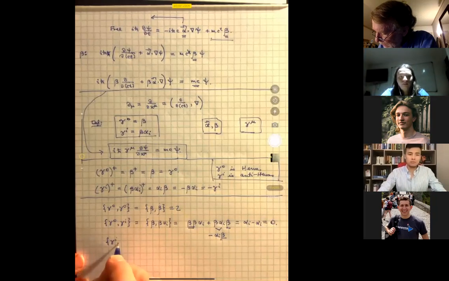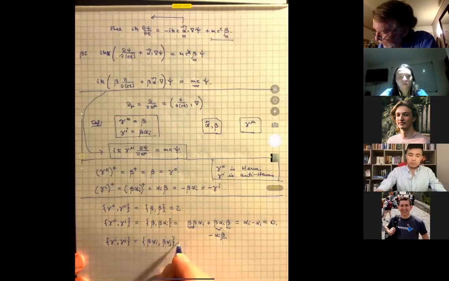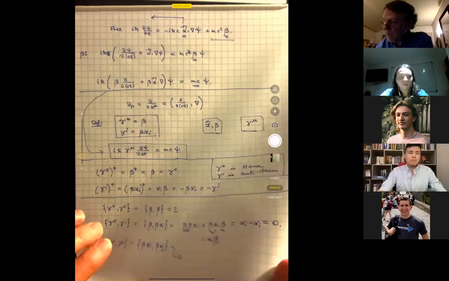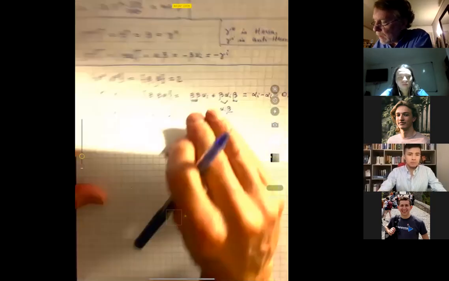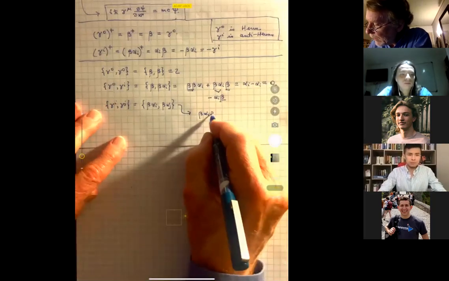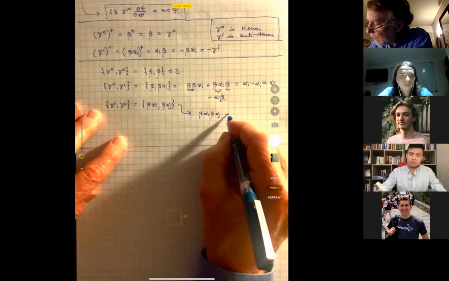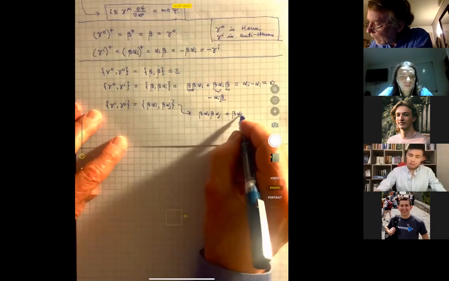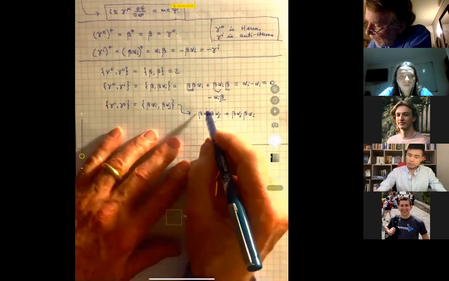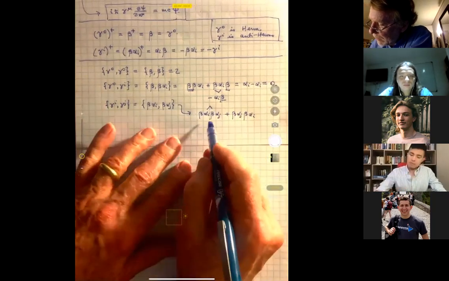Now, how about gamma I, gamma j? This is the anti-commutator of beta alpha I with beta alpha j. I'll bring it down some for some space here. And so you just work it out. That's beta alpha I, beta alpha j, plus beta alpha j, beta alpha I. Now again, if I swap the alpha I and the beta there, I introduce a minus sign.